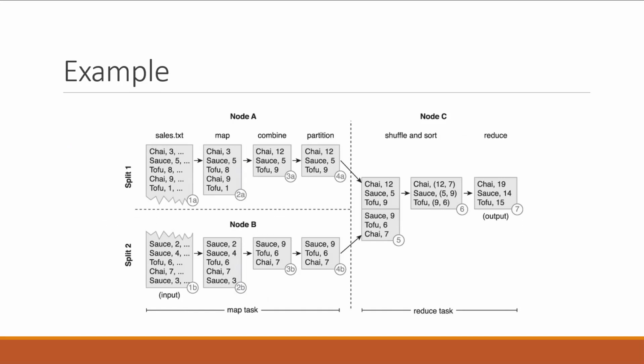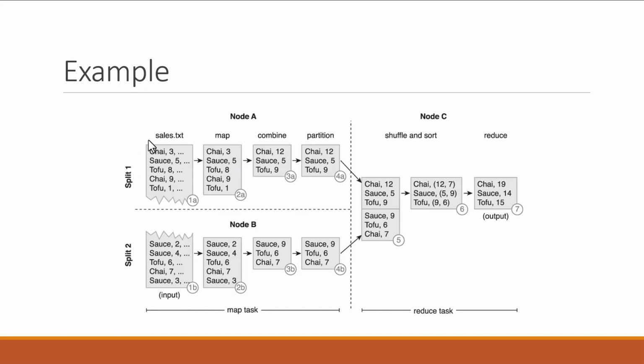In this example, you'll notice that we've got a file called sales.txt. And the sales.txt file basically is nothing more than a transaction ledger. So every single time that a sale is made, an entry is provided in the sales.txt file, and then we're going to go ahead and process that file. This file, in this particular case, is actually distributed across two different nodes.